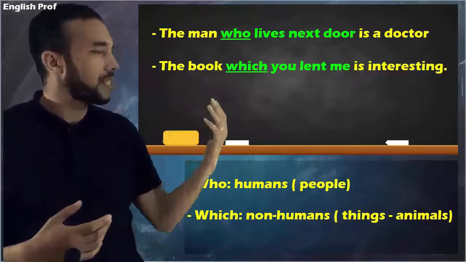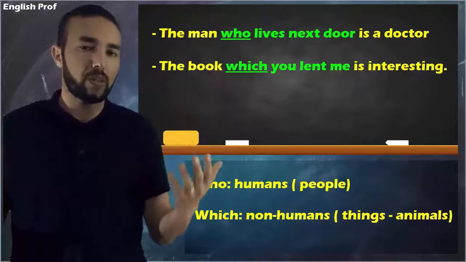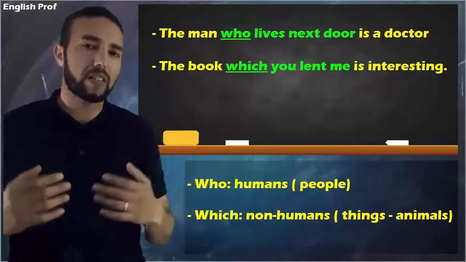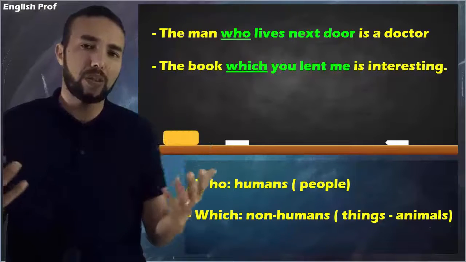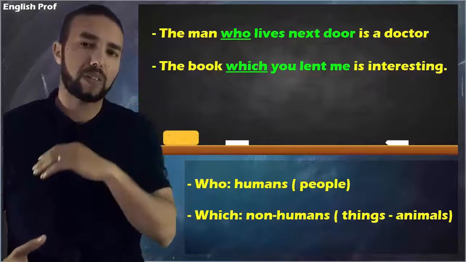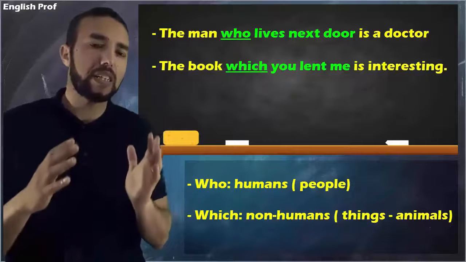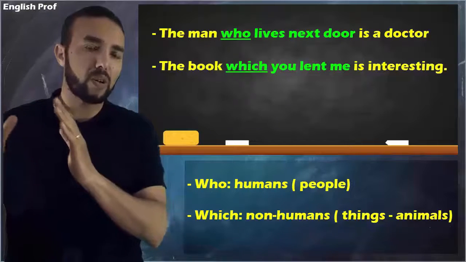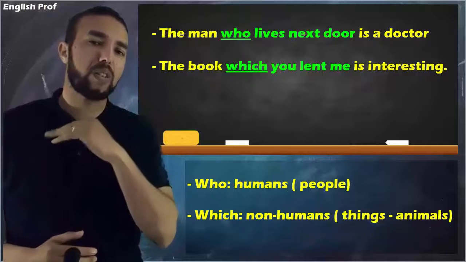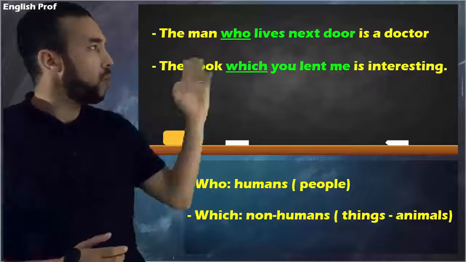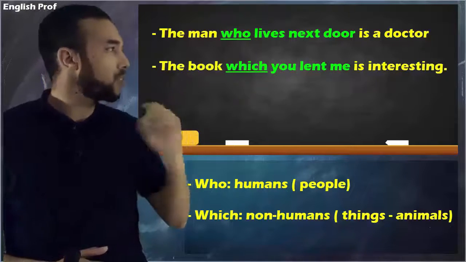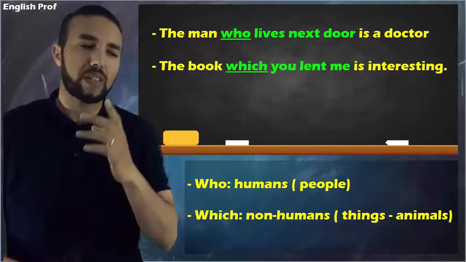But when we say non-humans, we mean objects, animals, things. So you see books, classroom, house, computer, mobile phone. These are things or objects, and we use which. So who goes for humans and which goes for non-humans.